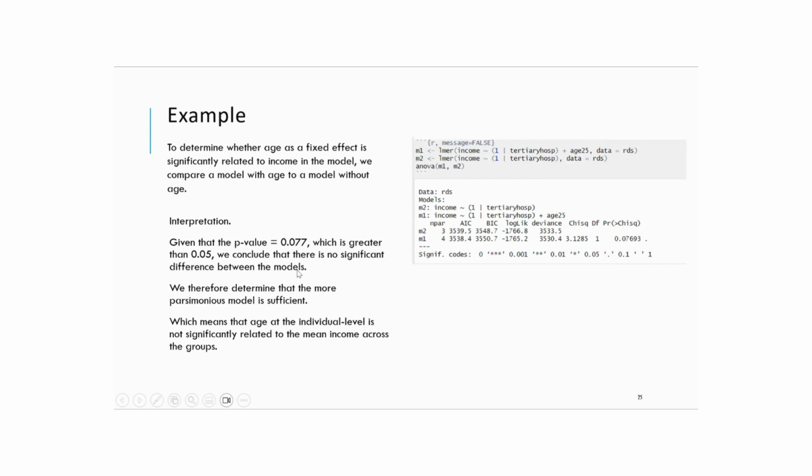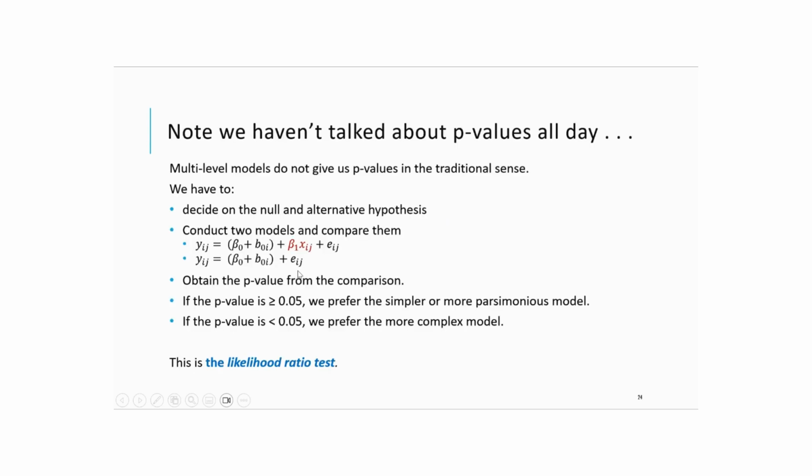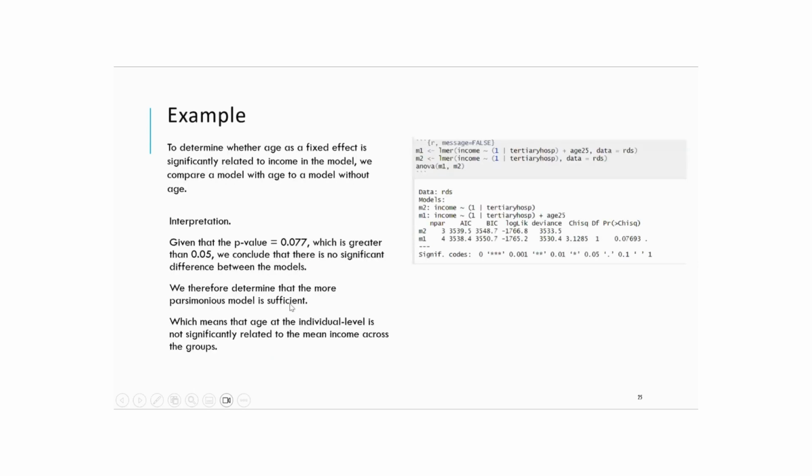So we said if your p-value is bigger than 0.05, you want to go for the parsimonious model because there's no difference between both of them. So just go with the simpler model. You can conclude that age is not exactly relevant to your modeling.